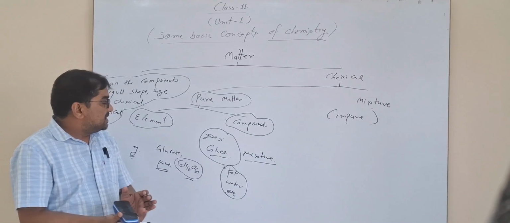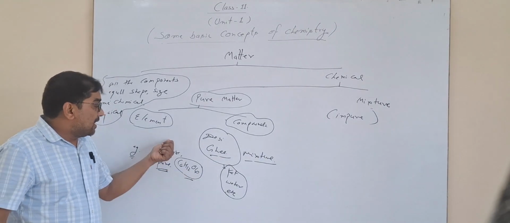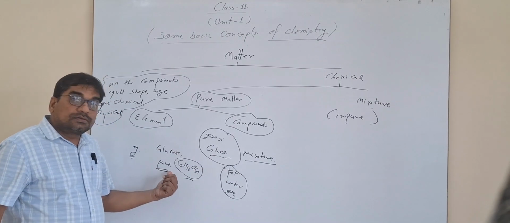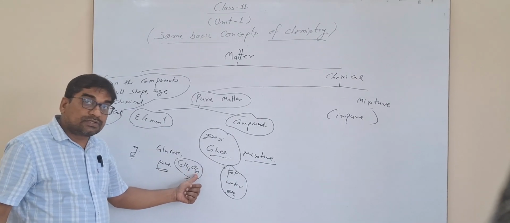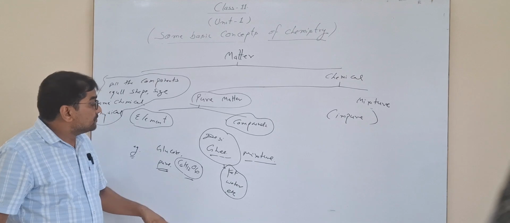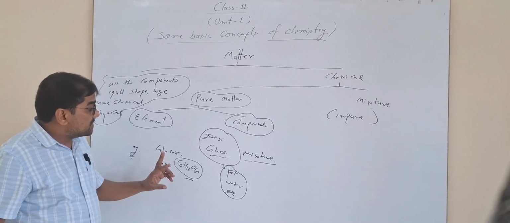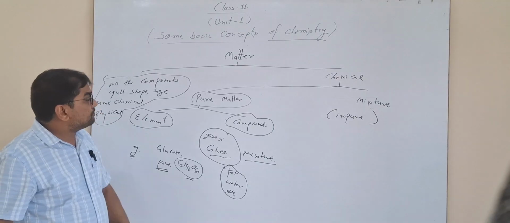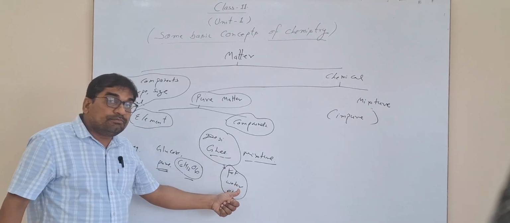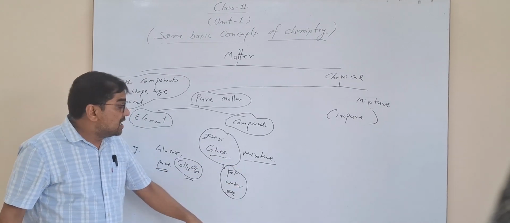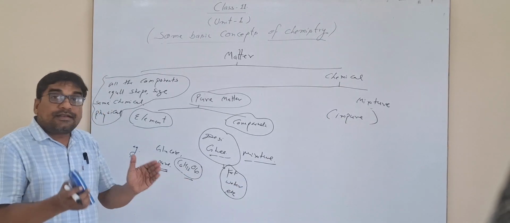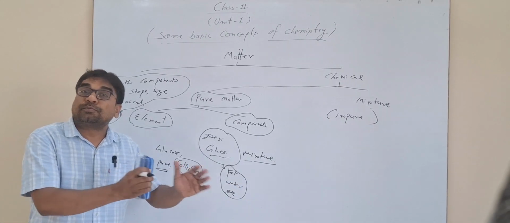That's why I presented two examples here, glucose and desi ghee. Glucose has the chemical formula C6H12O6. All the molecules will be of the same size, with the same chemical and physical behavior. But ghee is a mixture of components of different pure forms of matter that are not in a fixed, definite proportion.